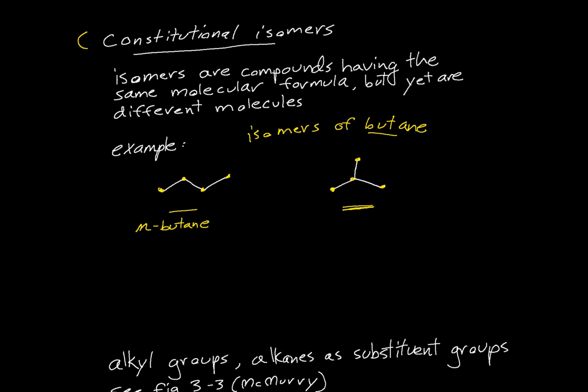You should build the model to convince yourself of this. You actually have to detach a bond, for example, that one, move it over to a different position and reattach it. Anytime you have to detach and reattach bonds to make a different molecule, you definitely have an isomer, a different molecule. So, simply put, this molecule is commonly known as isobutane.